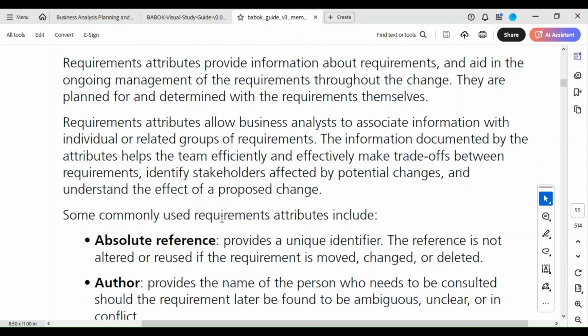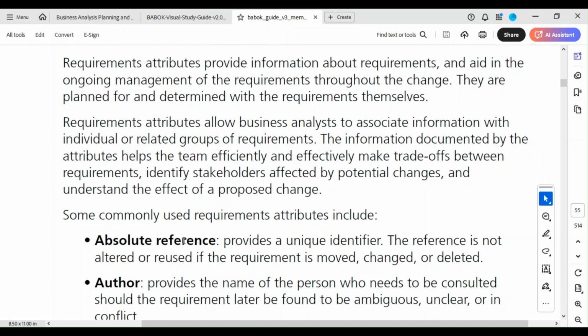Oh, this requirement, okay, I think that stakeholder asked for it. Or, oh, this requirement, we actually did something with that stakeholder. It helps you to think up stuff like this. Also it helps you to understand the effect of a proposed change. When you want to do those trade-offs, or when you want to go into this project, it helps you to understand it better.